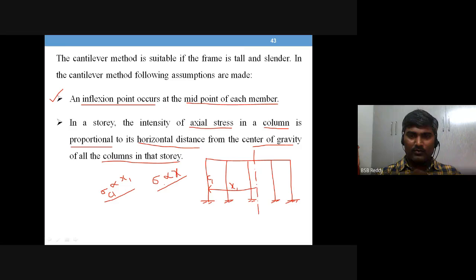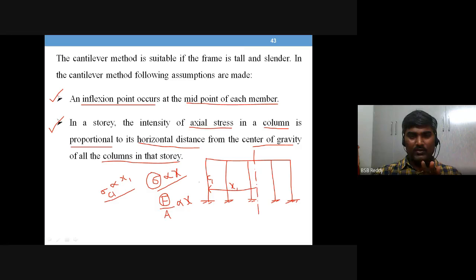So by this you should know that we are working with column axial stress. Column axial stress means column axial load by cross sectional area, which is proportional to its distance. So what will you be solving first? Column axial loads you will be solving first, because your assumption is on column axial loads.